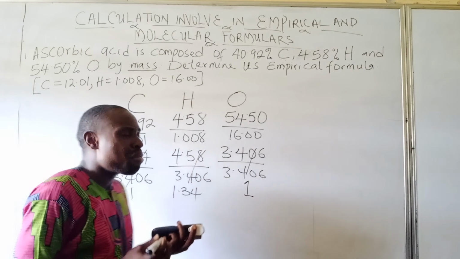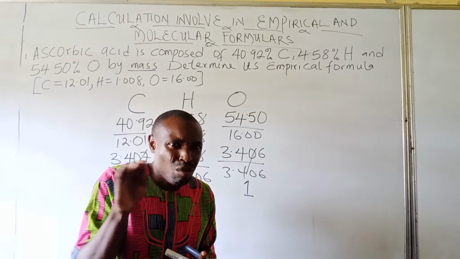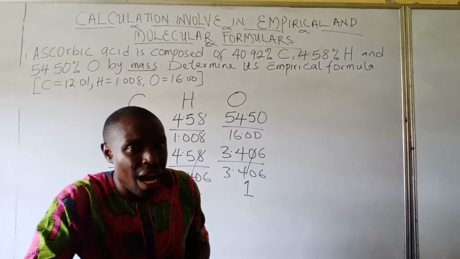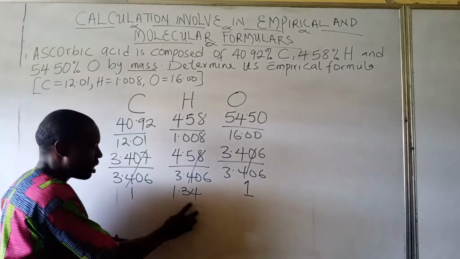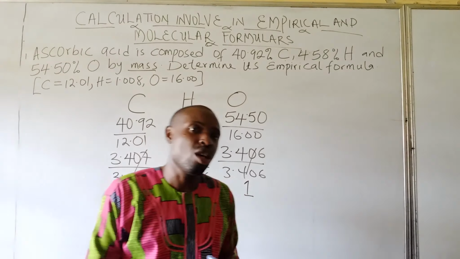Now, remember that we have said that empirical formula is the simplest ratio, that is, positive whole numbers. And then you are having a decimal number here, and a decimal number is not something that we can do away with. Take note.